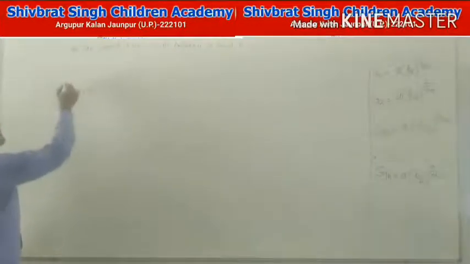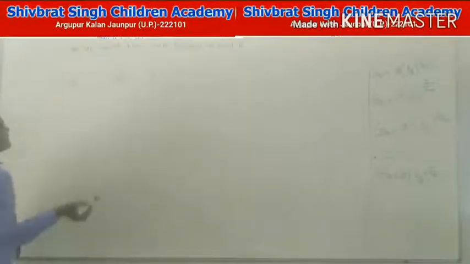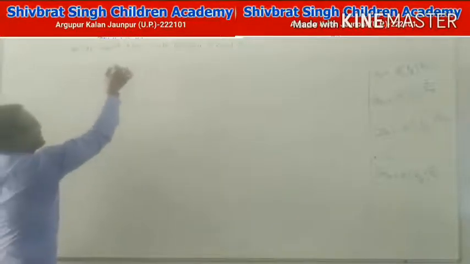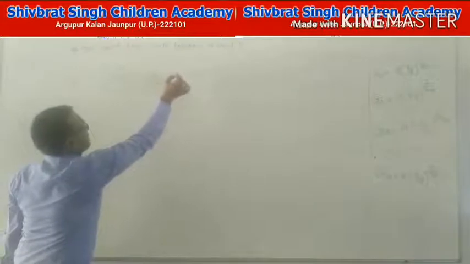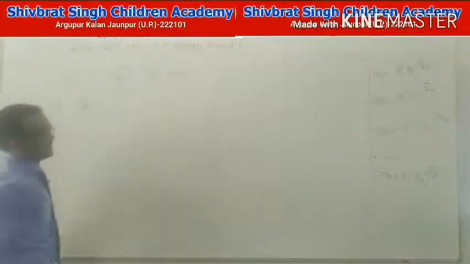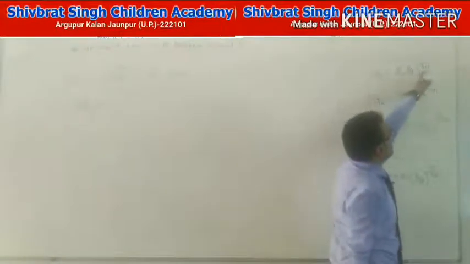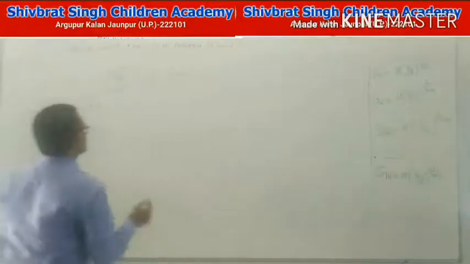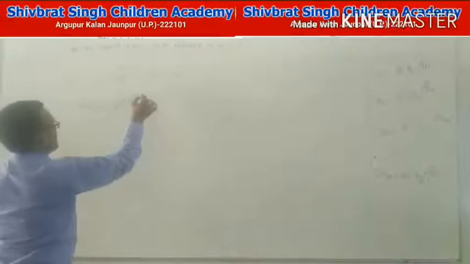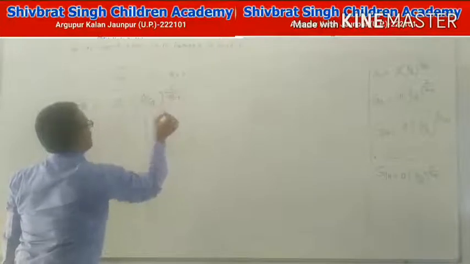Here A, G and B. The number of geometric means is n equal to 1. Then G equals A times (B upon A) to the power 1 upon n plus 1.